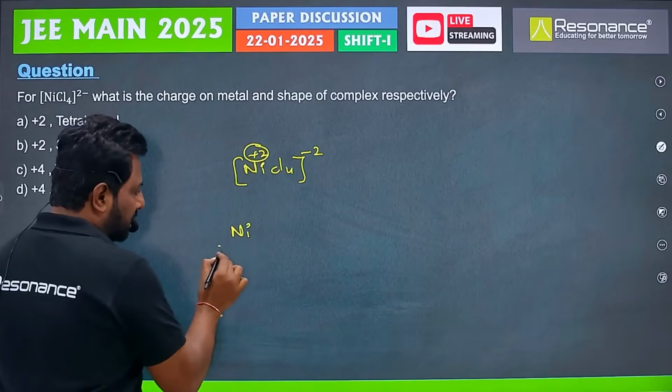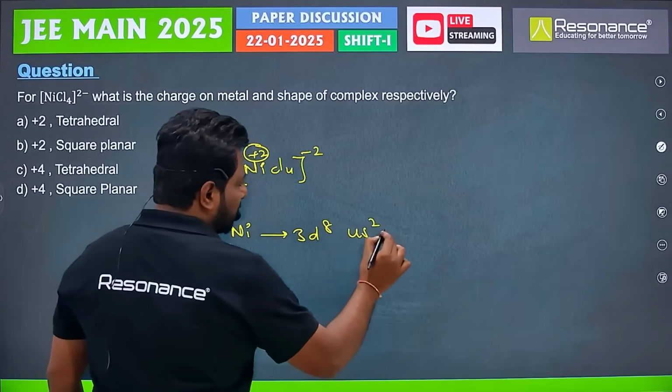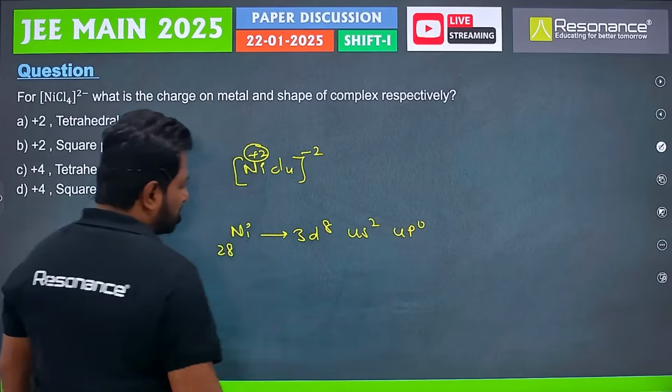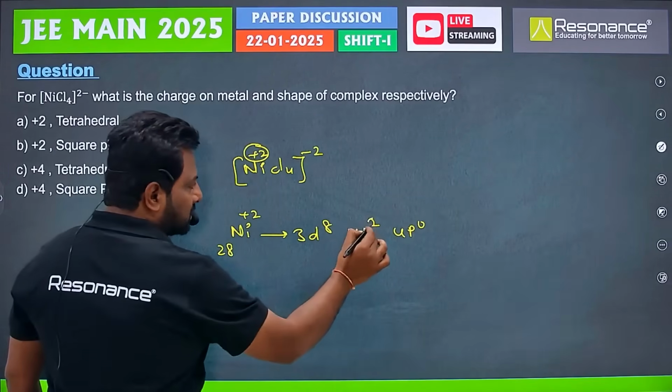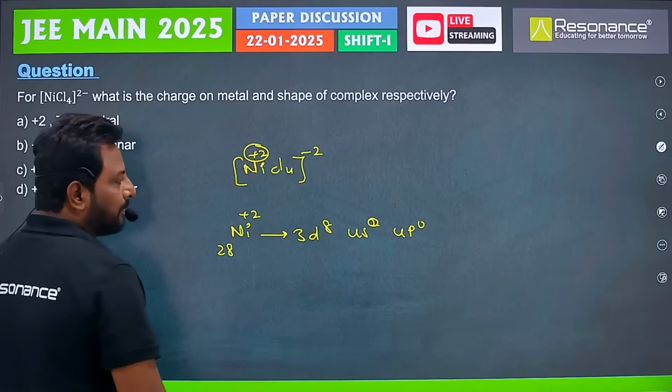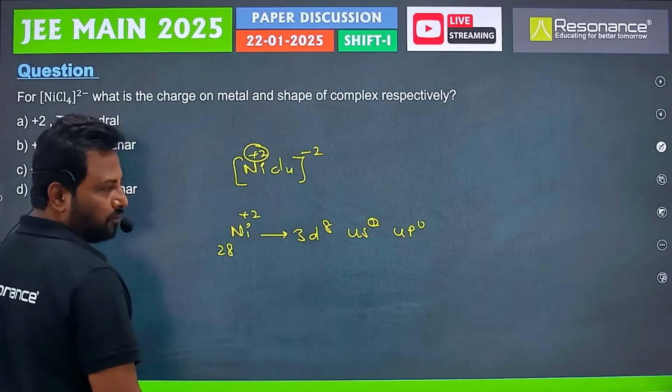Nickel's atomic number is 28, electronic configuration 3d8 4s2 4p0. Now it is in the +2 oxidation state, so 2 electrons are removed, giving 3d8 4s0 4p0.